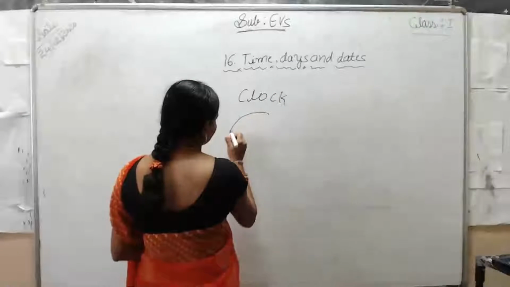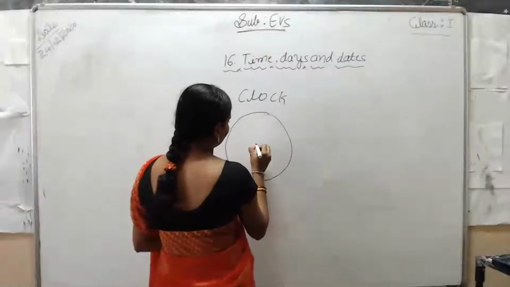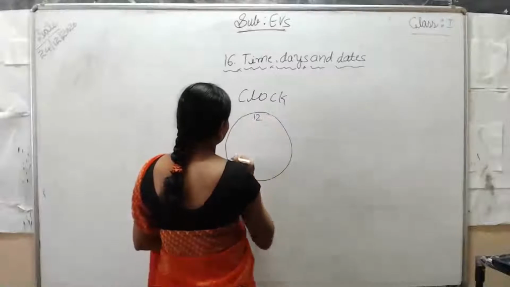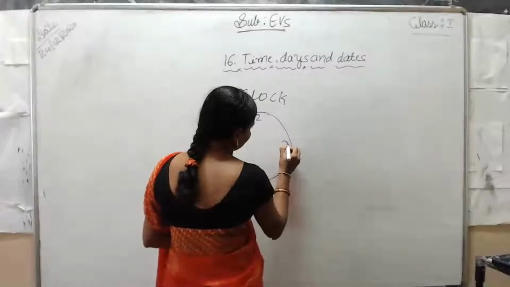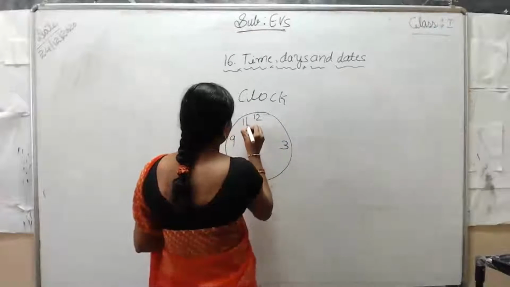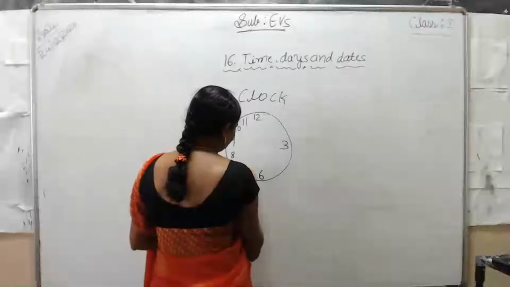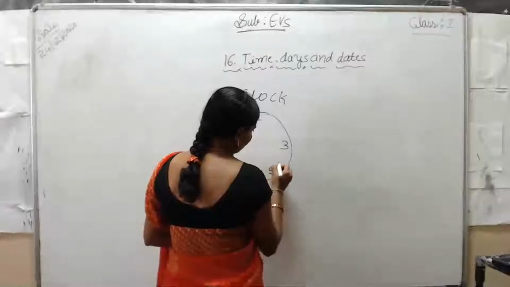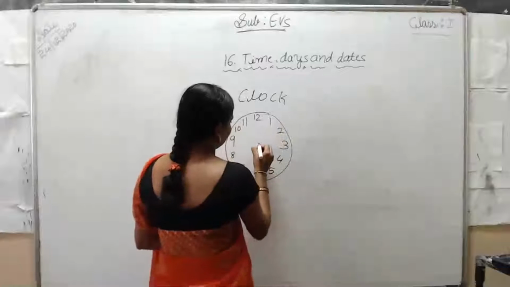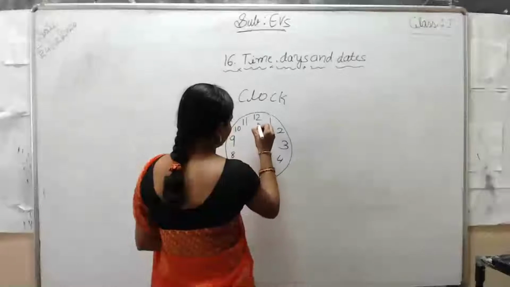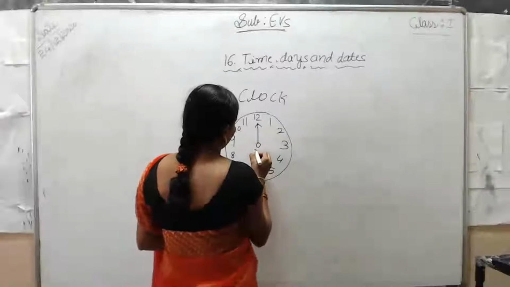This is the clock. Here, numbers are there: 12, 1, 2, 3, 4, 5, 6, 7, 8, 9, 10, 11. The small hand will be hours.